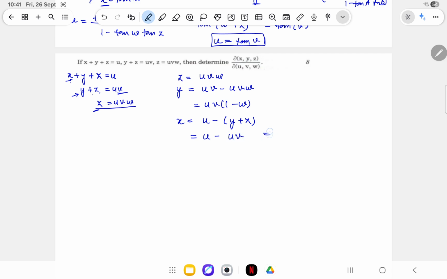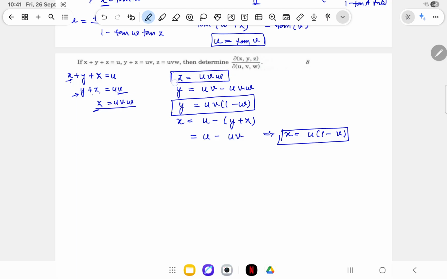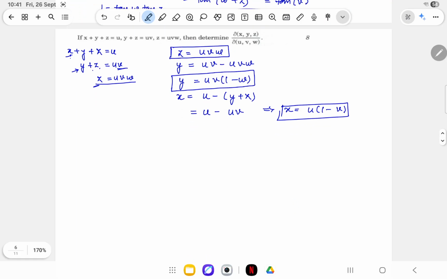If I simplify it, I get x = u(1 − v). So I got the relations of x, y and z in terms of u, v, w. This is my x, this is my y, and this is my z. Now let's simplify it.